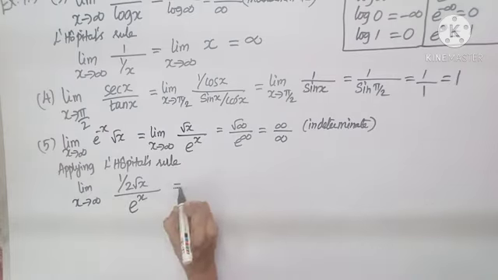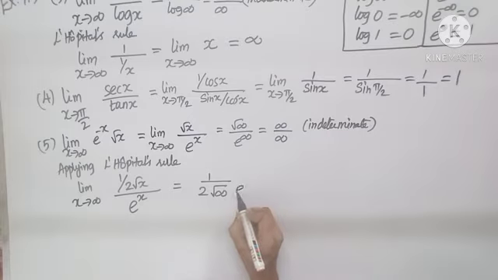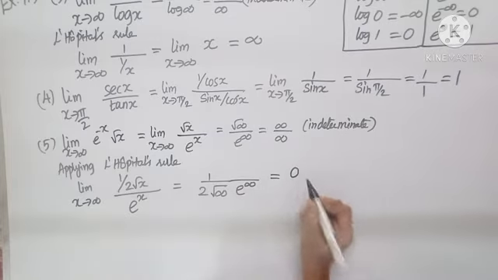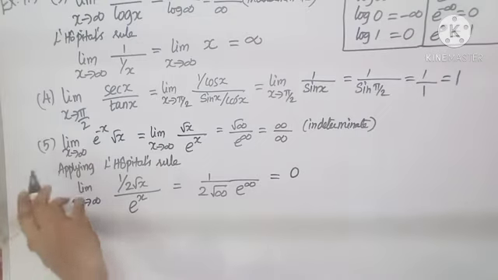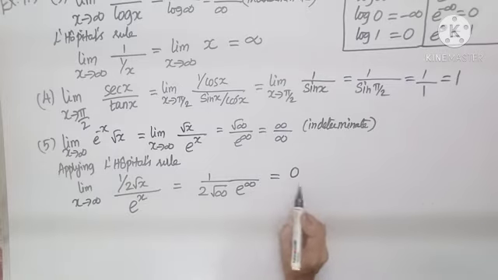Now my answer is 1 by 2 root of infinity into e power infinity. In the denominator, infinity is coming. My answer is 0. So in the fifth question, e power infinity is infinity, root infinity is infinity, so altogether my answer is 0.